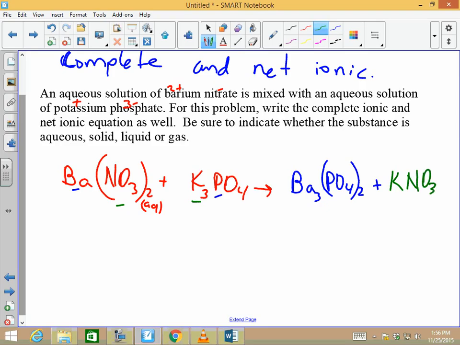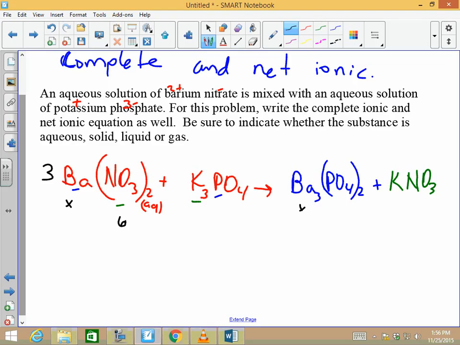Okay, let's make sure this equation is balanced. I have barium is 1 on my left, barium is 3 on my right. So let me do 3. Now barium is 3 over here and 3 over there. That's good. My nitrates, I have 3 times 2 on my left. That gives me 6 nitrates.